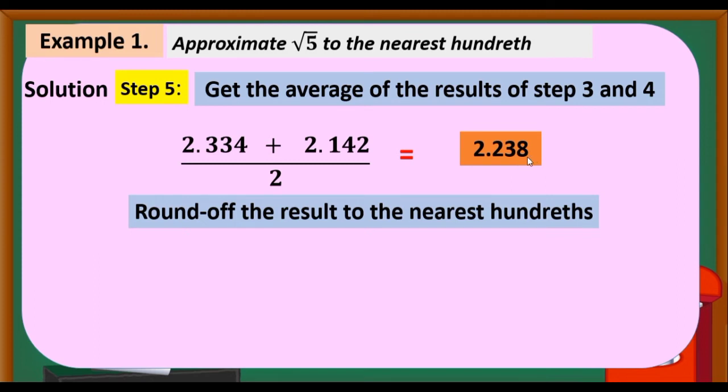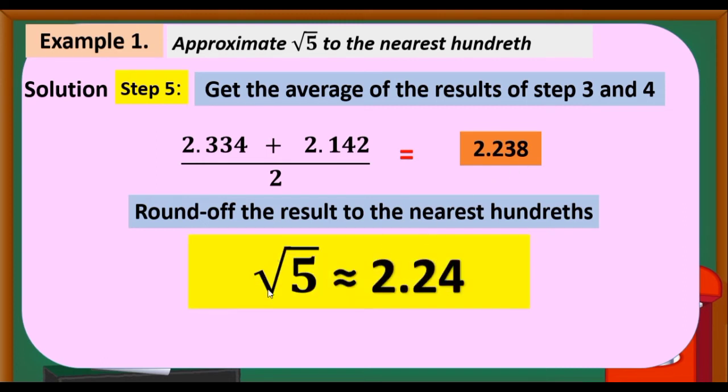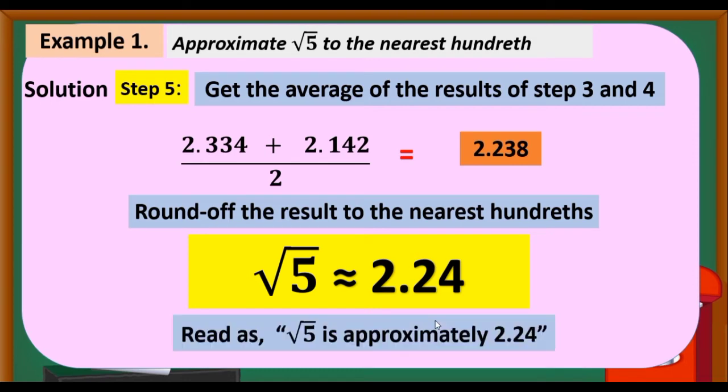Round up or same? Since it is 8, the square root of 5 is approximately 2.24. That is our answer. It is read as the square root of 5 is approximately 2.24. It rounded up since 8 follows it.